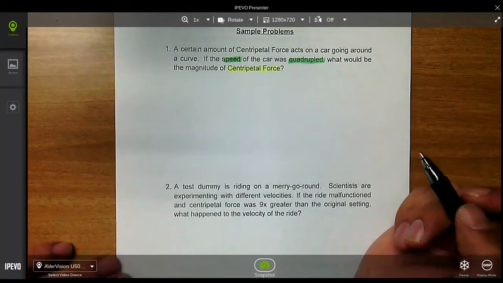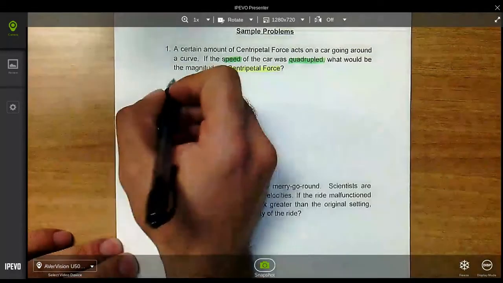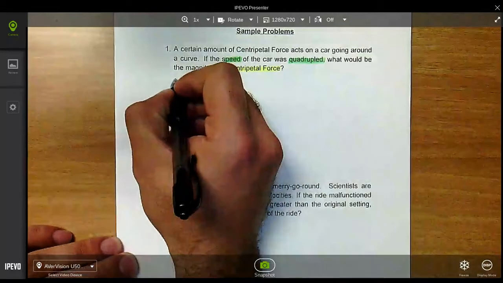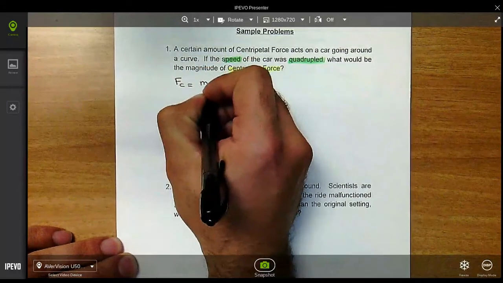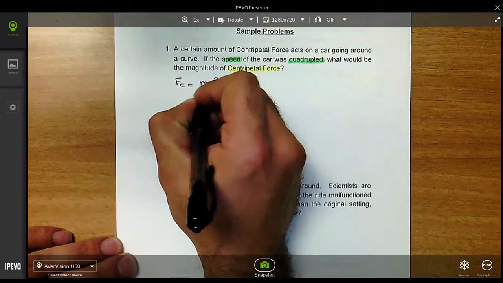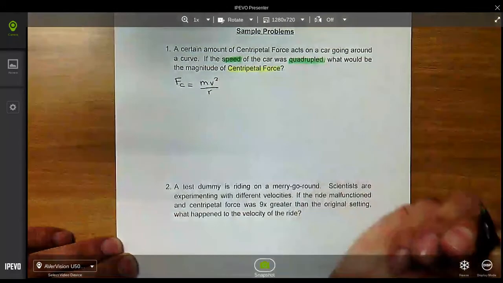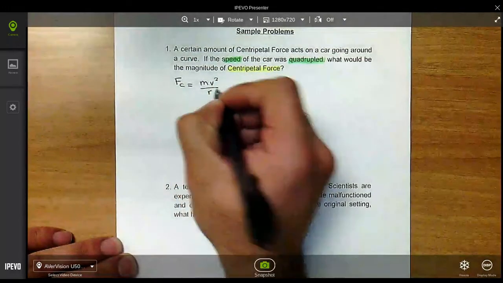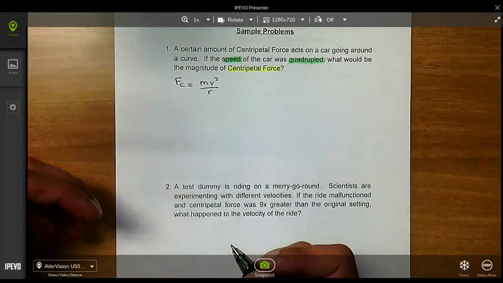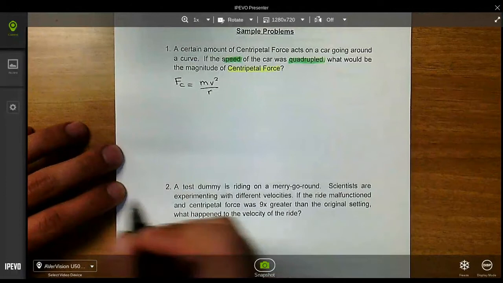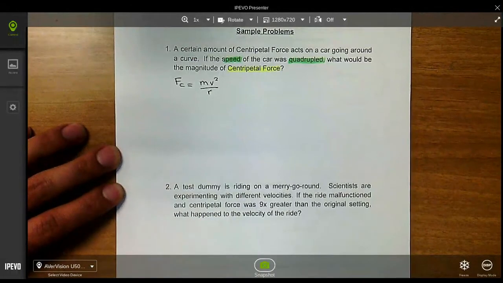So we know we're talking about centripetal force, and our equation for centripetal force is Fc is equal to mass times velocity squared divided by r. So that's our equation. And when you have a problem like this, you're always going to go ahead and set your original values as 1.